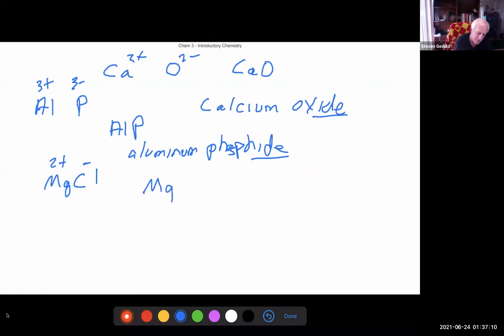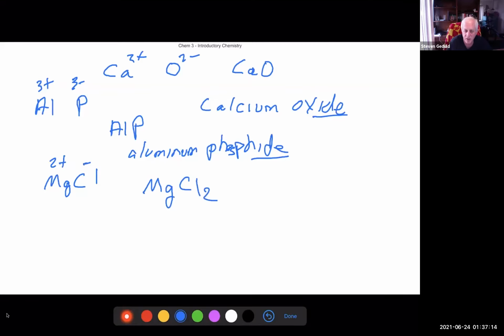So the formula is MgCl2. The charges have to balance. Magnesium has 2 plus charges. Chlorine has a -1 charge. So I need 2 of those to give me a +2 on this side and a -2 on that side. They have to balance. They have to be neutral. Okay. So this becomes magnesium.